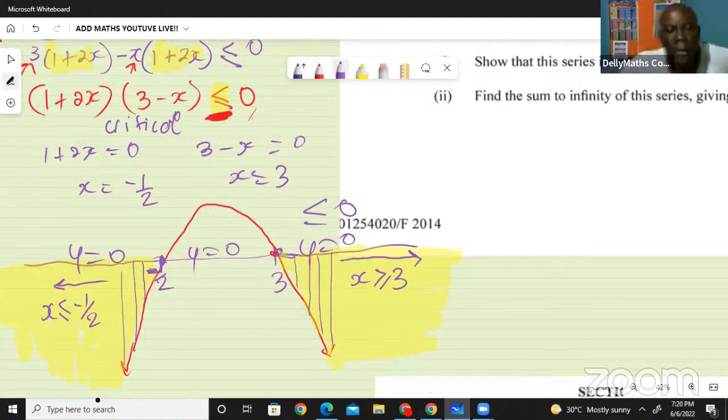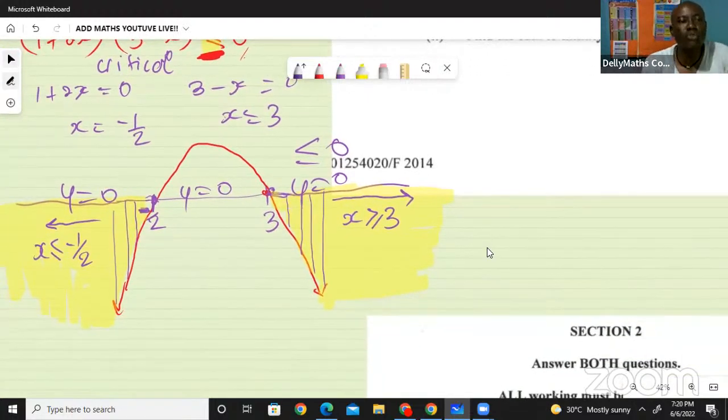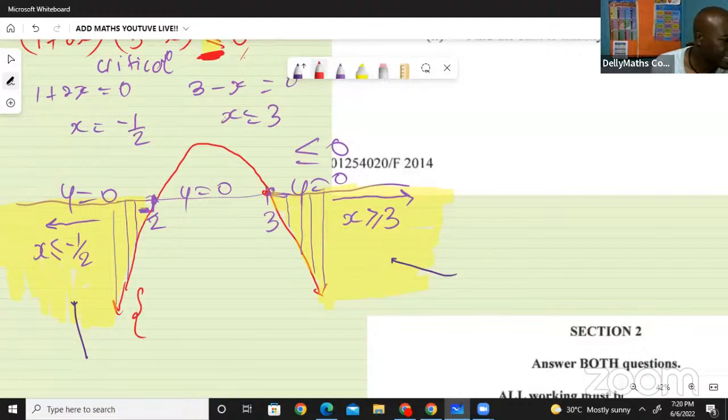So basically, we need to combine the ideas to write one complete thing. These two responses are correct in themselves, but we want to combine them by using a union, because we want to unite all the values here along with all the values there to give the answer to the question. And what do I mean? Basically, we're writing it in set notation. So we're saying x is such that x is greater than or equal to 3, that is one little thing.